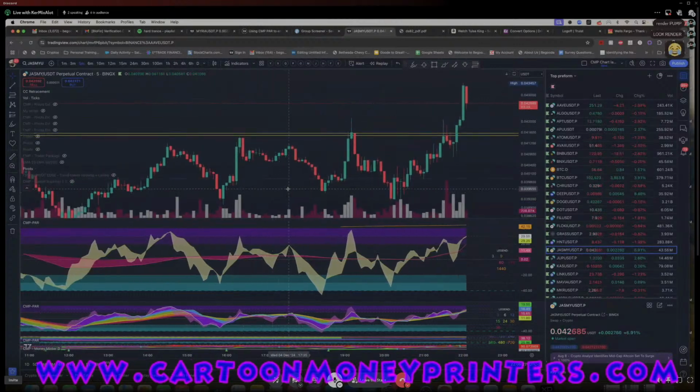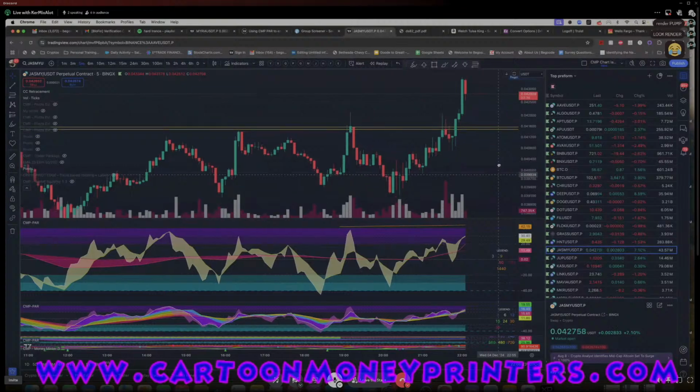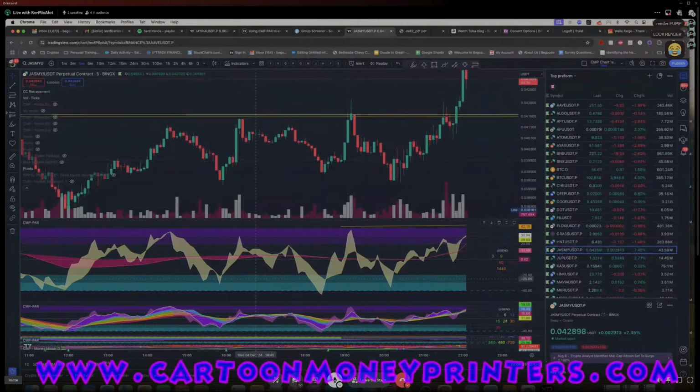Okay, so here's an example. Hidden bull div right here on Jasmine. Right here also, and it's funny, on the hidden bull divs you're going to see the divergence gaps form a lot too.